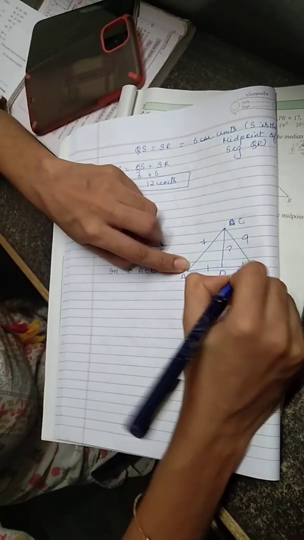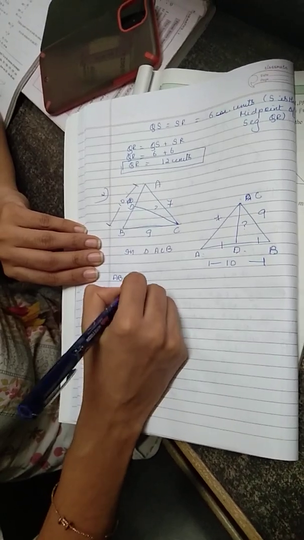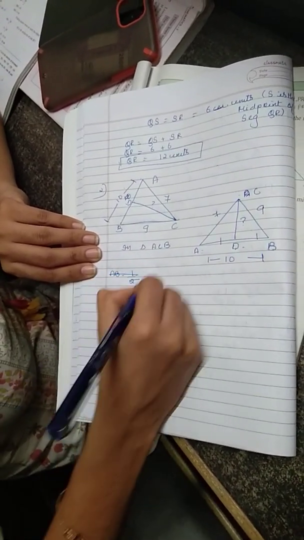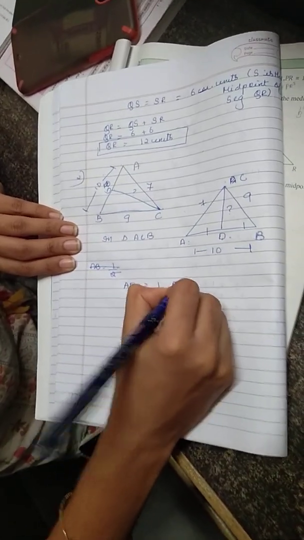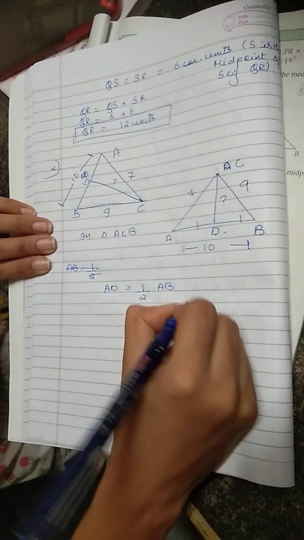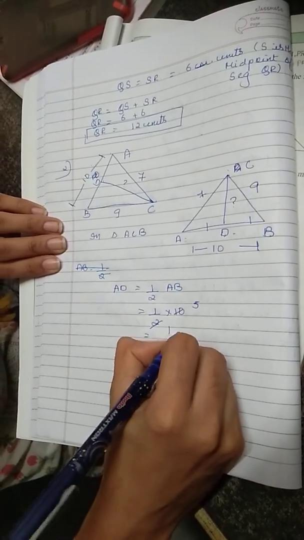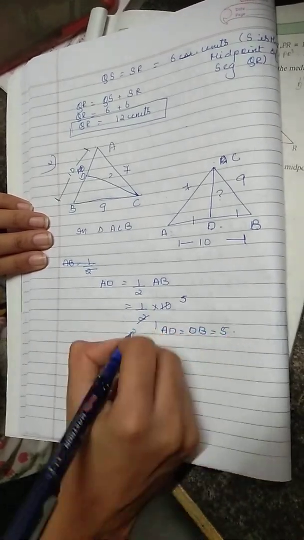Therefore AD is equal to half of AB. That is half of 10, which is 5. So AD is equal to DB, which is equal to 5.